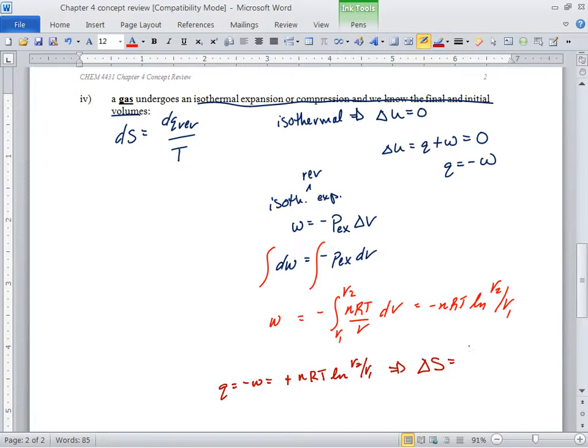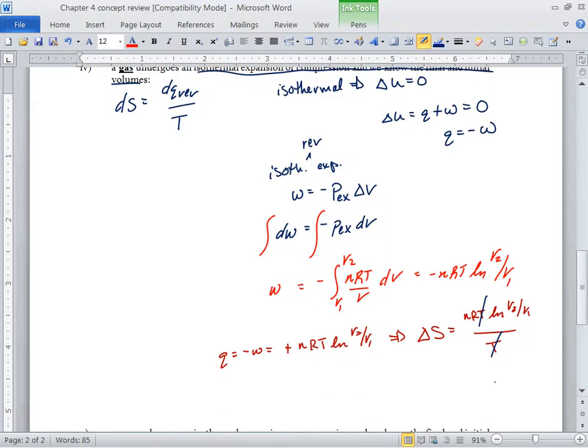Just nR ln VF over VI, or V2 over V1, whatever you like.